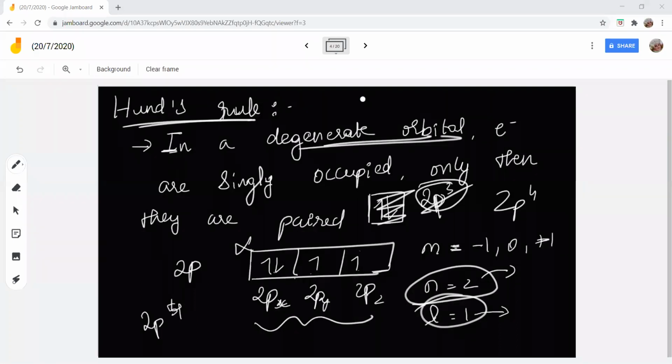The slide before this. Okay, this slide I'm showing again.